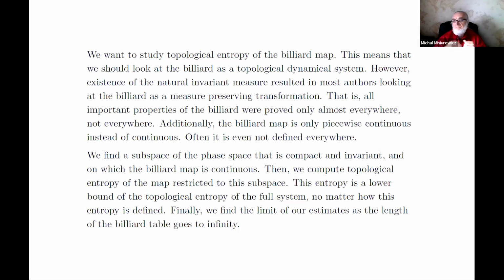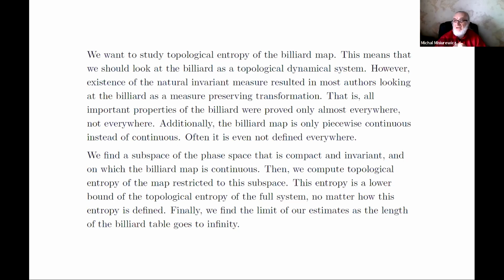And now, for the whole system, you can try to define topological entropy in various ways. One way, for example, would be to make some coding, some map to the symbolic system, and then look at the topological entropy of the symbolic system.